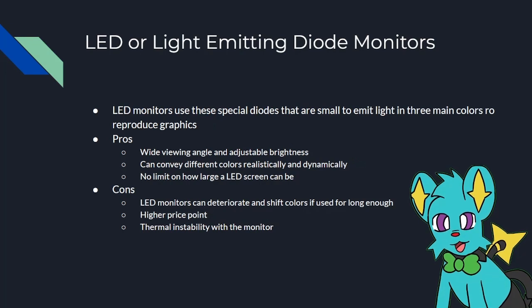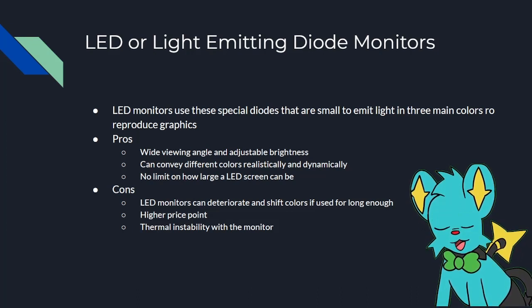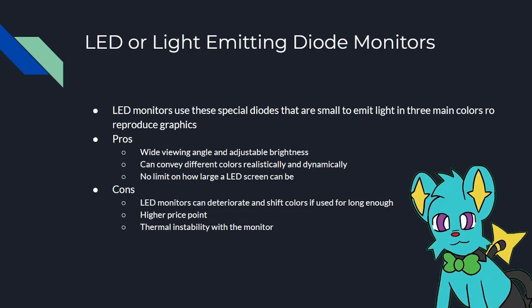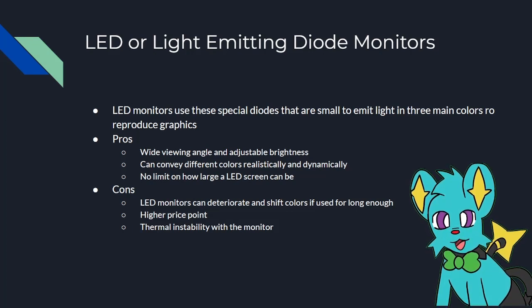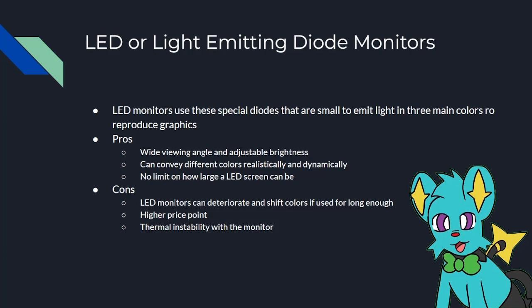Then there's the LED or light emitting diode monitors. They use special diodes as the backlighting that emit small lights of the three main colors, red, green, and blue, to reproduce graphics for your computer. They have adjustable brightness and a wide viewing angle, can convey colors realistically and dynamically, and there's no limit on how large an LED screen is, because this is evident in the fact that there are some billboards now that are using LED screens instead of just flat billboards.